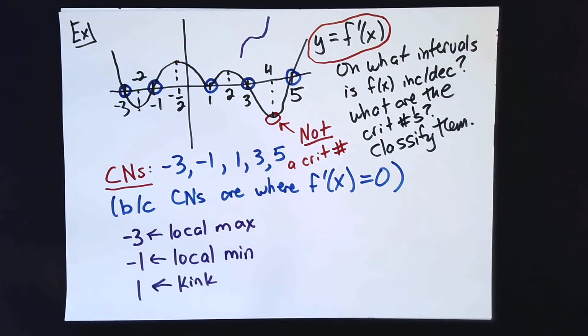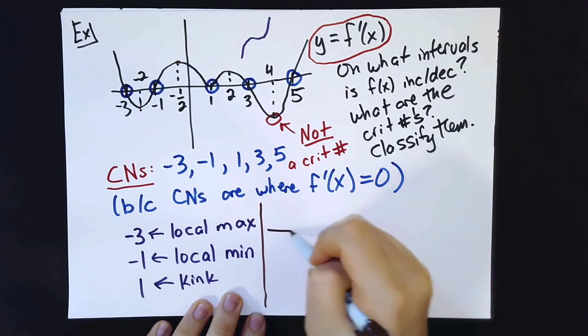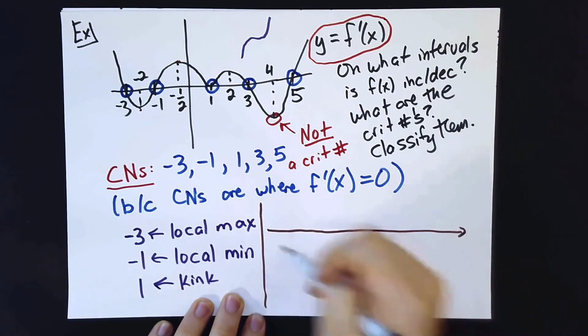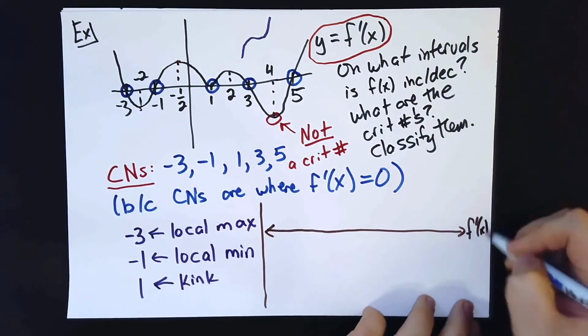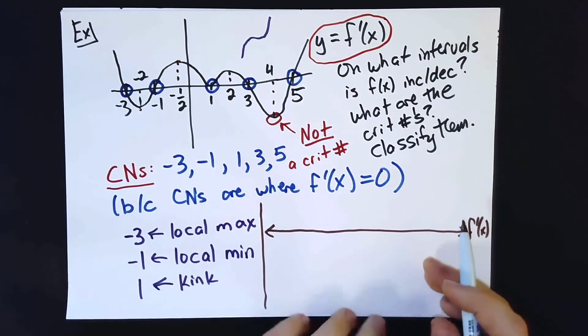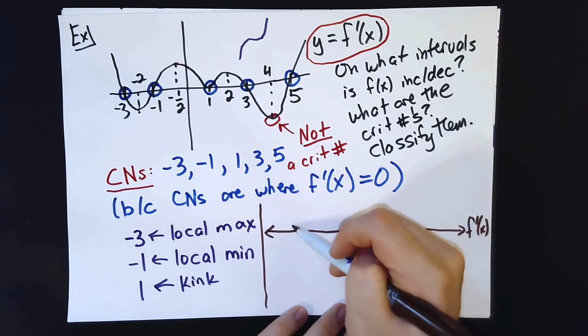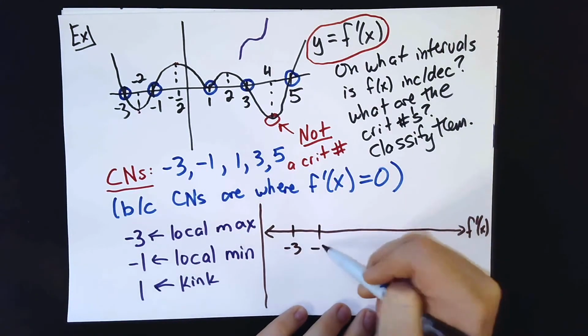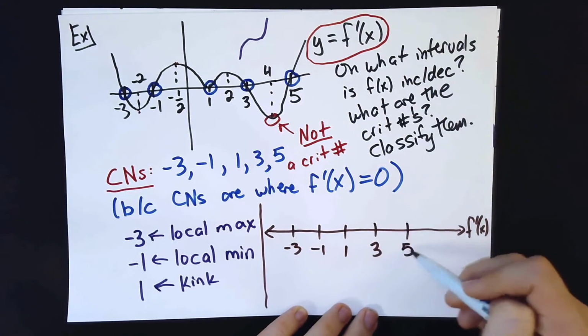Now this might all be confusing, but let me show you that we can do all of this exactly the same way that we did previous questions, which is that we can make a derivative profile. And I'm going to mark off on my derivative profile all of the critical numbers: -3, -1, 1, 3, 5.